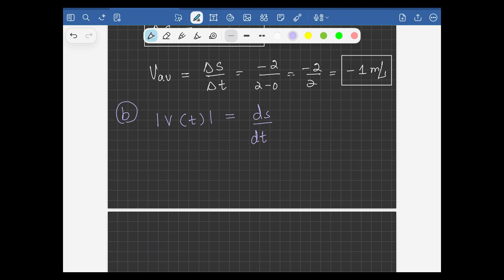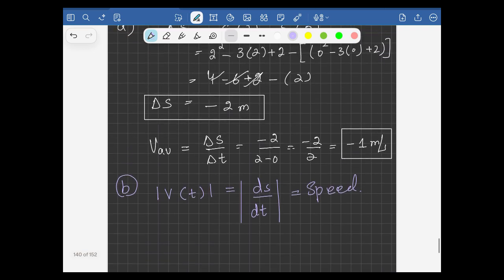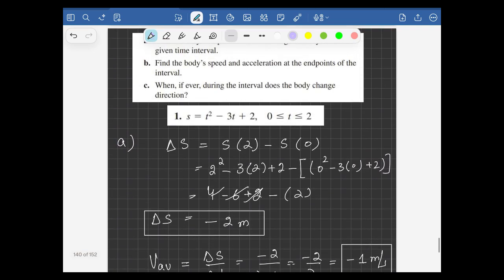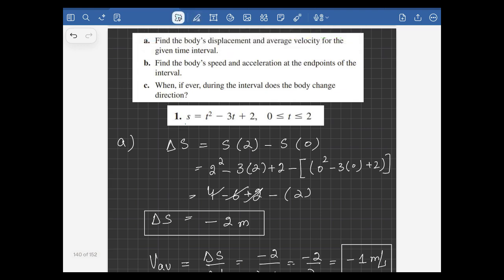The first derivative of the function is velocity, second derivative is acceleration, and the third derivative is going to be the jerk. So we need to find this absolute value. No matter what, it is going to be positive always, and this is actually referred to as speed. All right. So let's take the first derivative of the function, and the function is this one. Let me copy this over here.